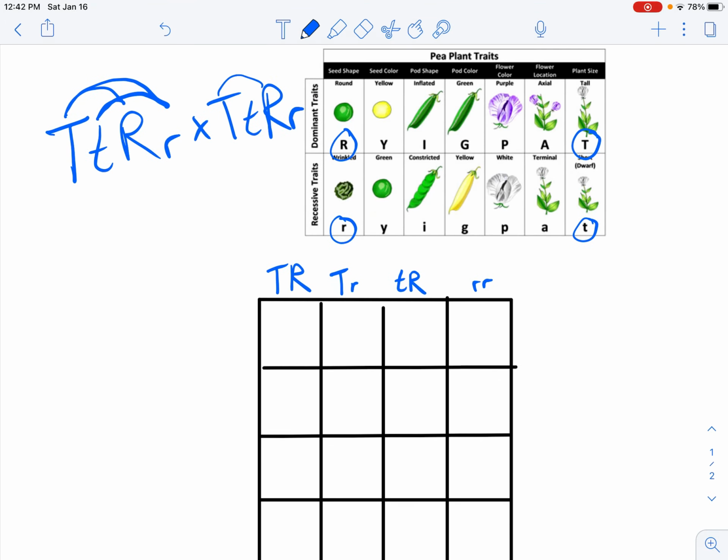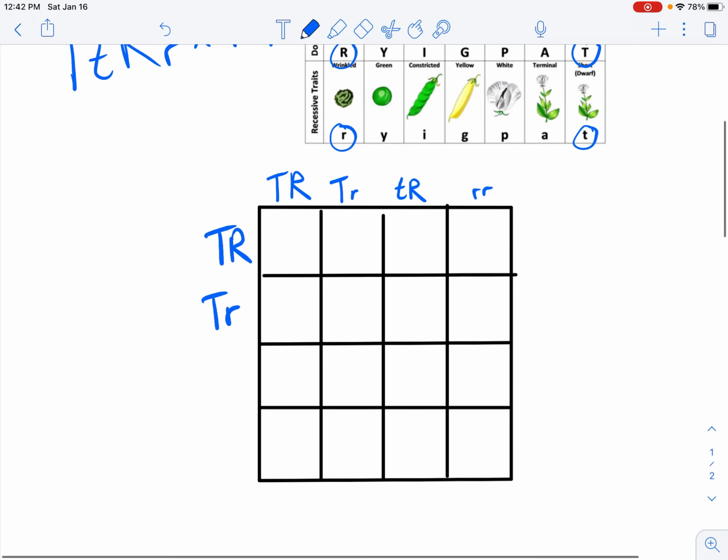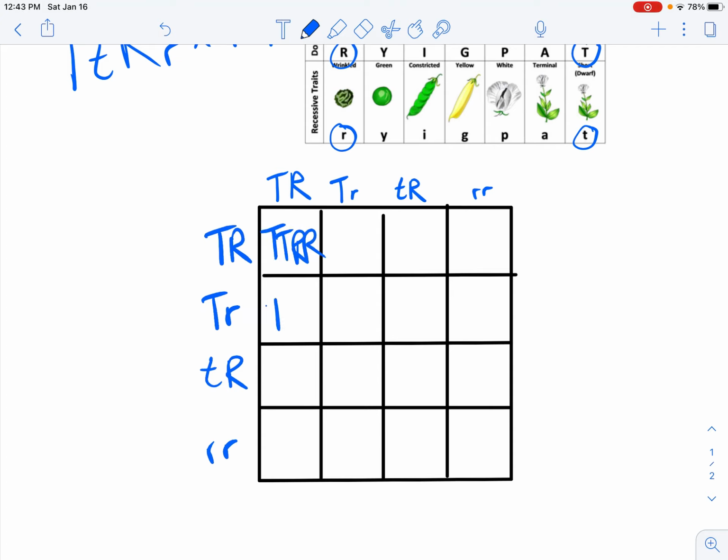And of course, since these are both the same, we're going to have the same gamete possibilities, so fill out the other side as well. And I'll bring the letters down and across.